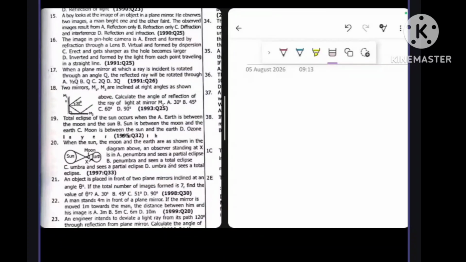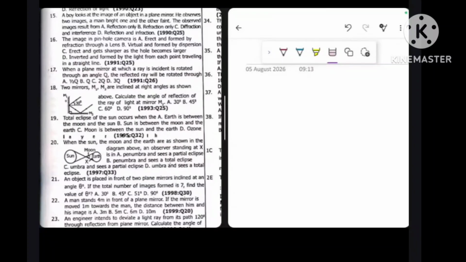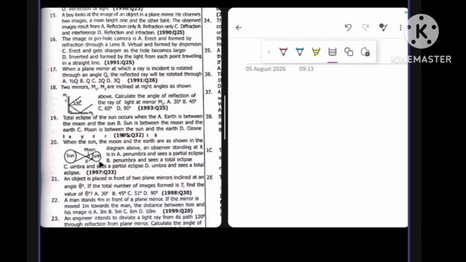I've got it from one person. She said option A is in the penumbra and sees a partial eclipse. Who else? Which number are we dealing with? 20. I say C. So we have A and C.